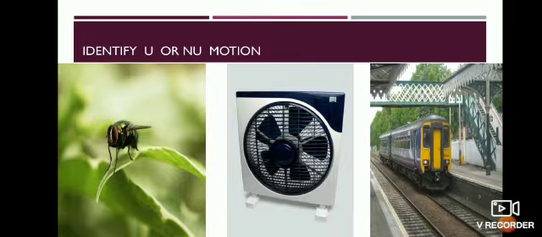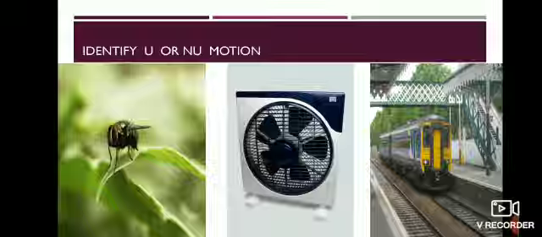Now, children, you identify which is uniform motion and which is non-uniform motion. Okay, let's see. Is the movement of a housefly uniform or non-uniform? That is non-uniform.